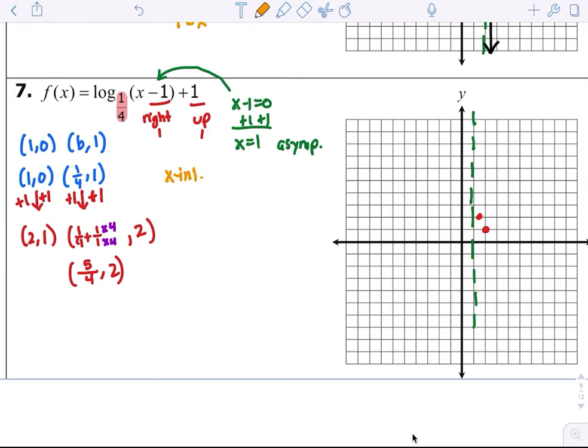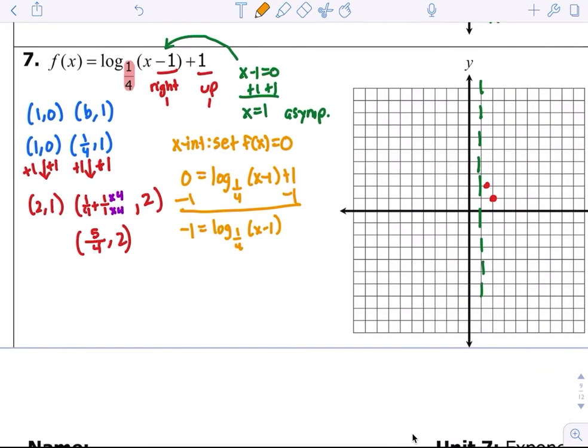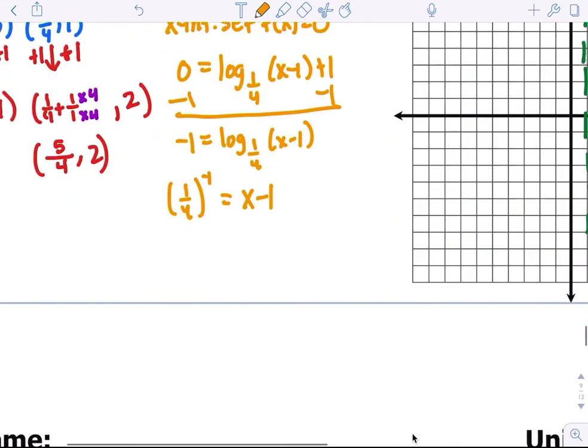X-intercept. Set f(x) equal to 0. So 0 equals log base 1/4 of (x minus 1) plus 1. Subtract 1 from both sides. Negative 1 is equal to log base 1/4 of (x minus 1). Exponential form: 1/4 to the negative 1 power is equal to x minus 1. So in order to get rid of that negative sign, just take the reciprocal on the inside.